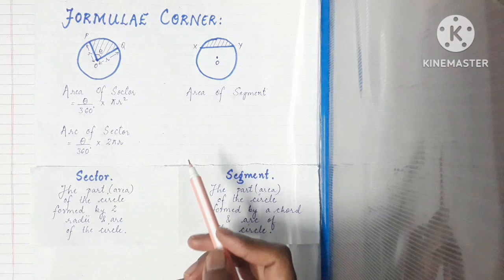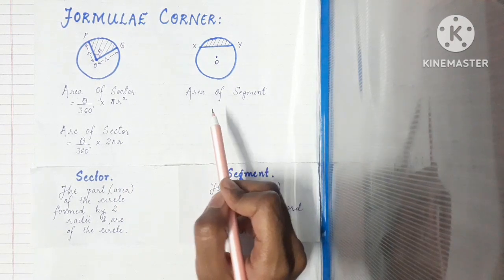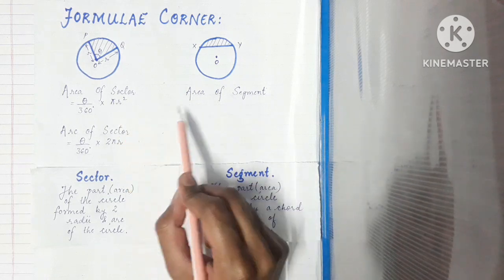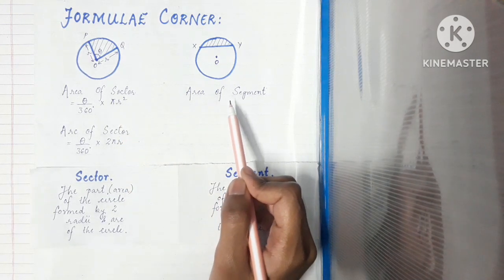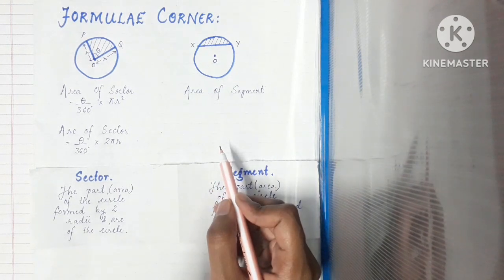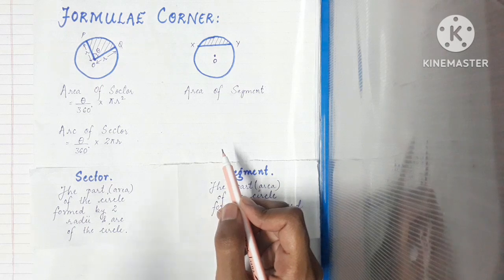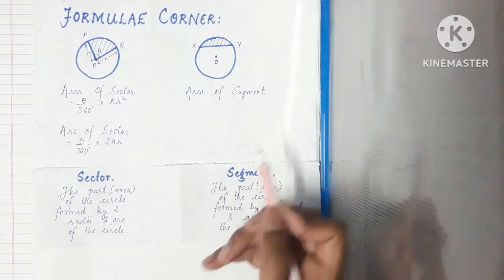The problem comes when you are asked to find the area of a segment, because there is no such direct formula for finding the area of a segment. For the area of a segment, two types of questions come, and I will discuss both and tell you how to find the area of the segment in each type.